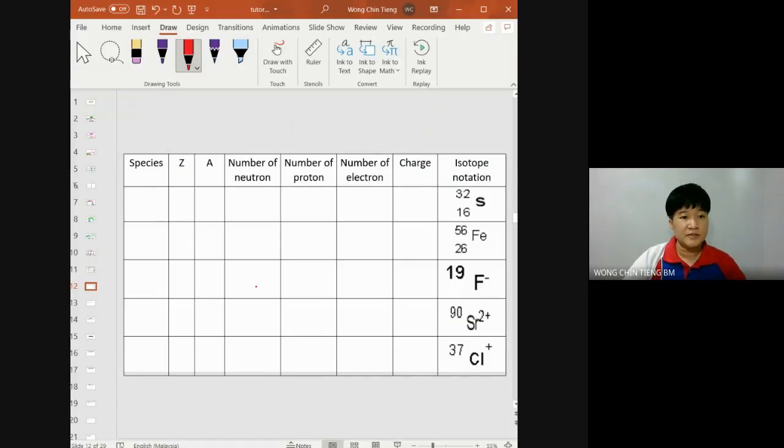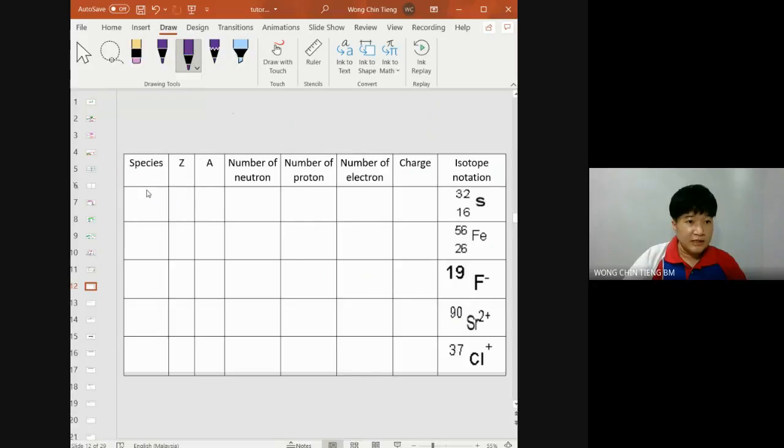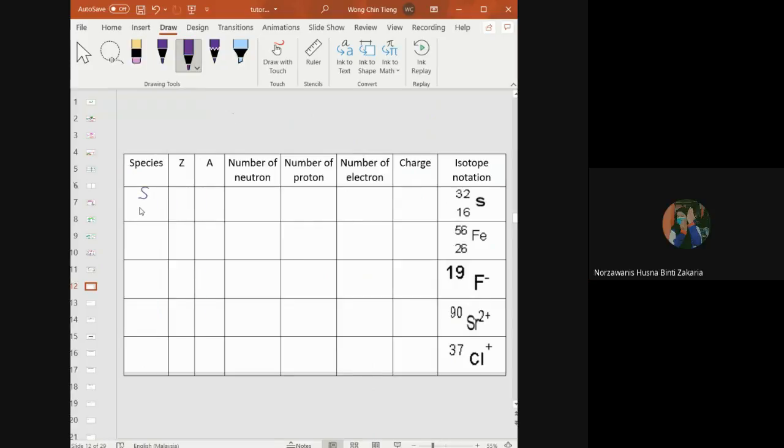Jangan kira salah, jangan malas nak tulis. Species S. Can I have the name? Sulfur. Alright. Zach? So the proton is 16. The nucleon number is 32. And the number of neutron is 16.